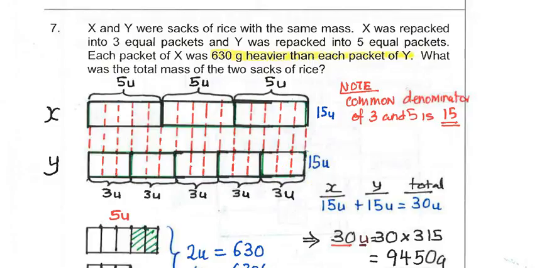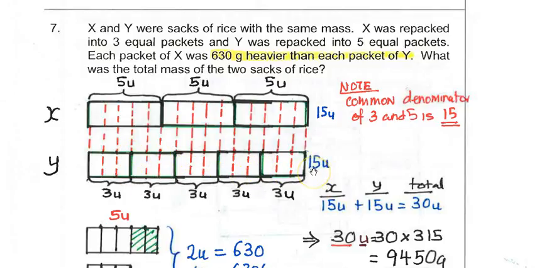Alright, now X was repacked into 3 equal packets. Look here, 1 packet, 2 packets, 3 packets. Okay, the same size as Y divided into 3. Alright, now Y is packed into 5 equal packets, so you just cut them into 5 equal packets.